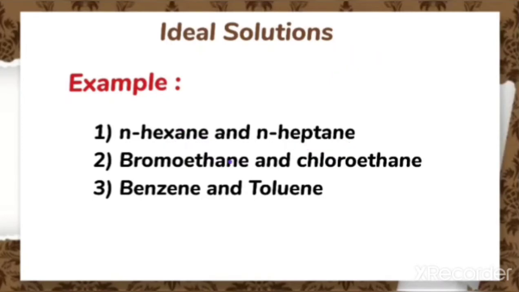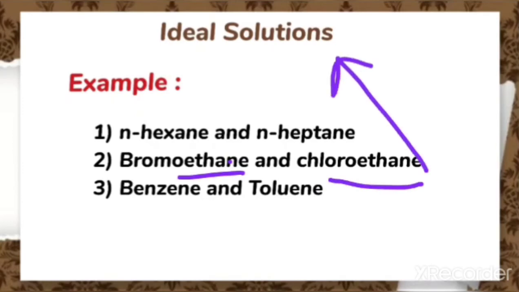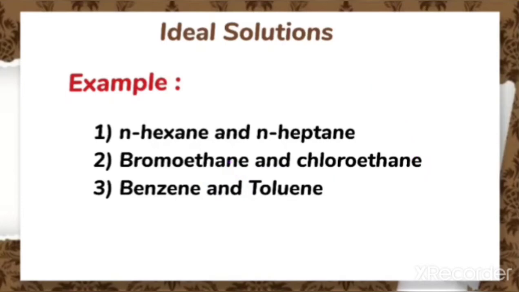Similarly, bromoethane and chloroethane, their mixture shows the properties of an ideal solution. And the next one is benzene and toluene. These two will show the property of an ideal solution.